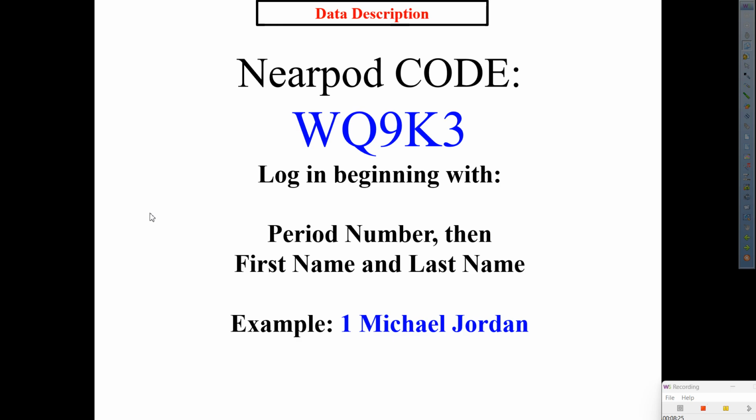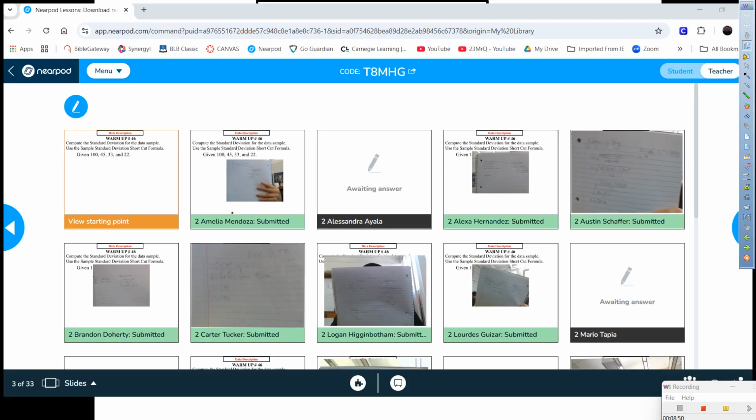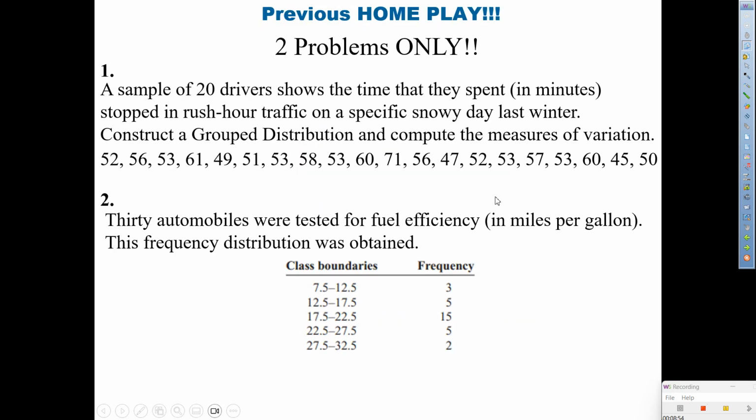Put the agenda to your screen. So last night's home play were these two problems. Go to Canvas, turn them in. And just because I'm nice, I'm counting that as a pop quiz. Let's go. Turn that in, please.